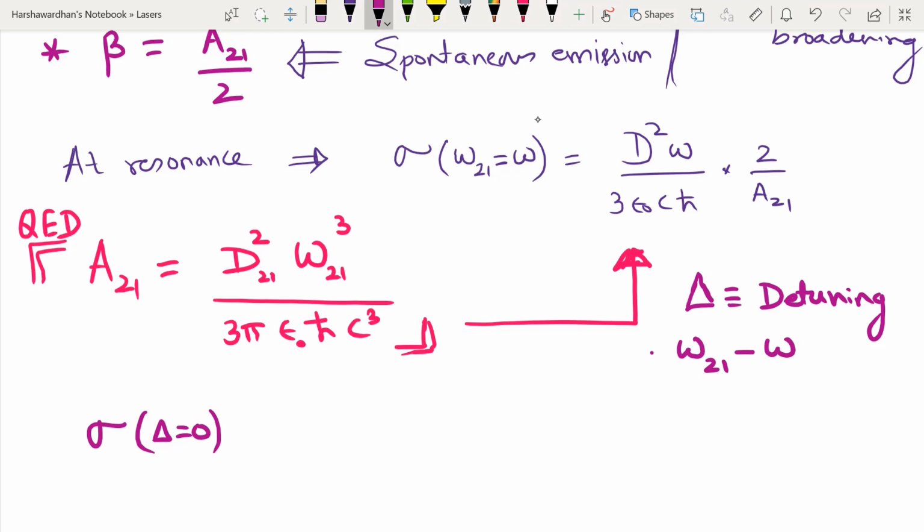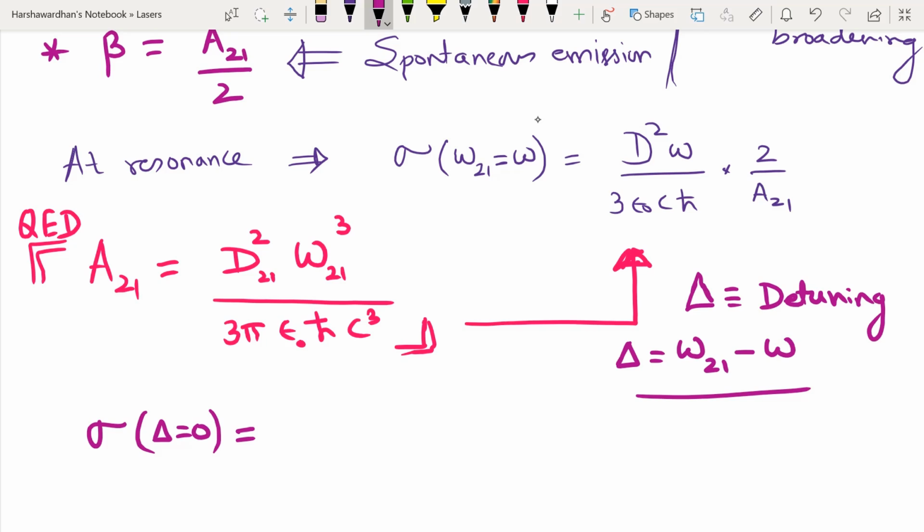So that is my delta, by definition. Clearly sigma is a function of my delta, and delta equal to 0 implies I am at resonance. The atomic resonance and the optical frequency are tuned. There is no detuning to each other. So at resonance, we will see what we get.